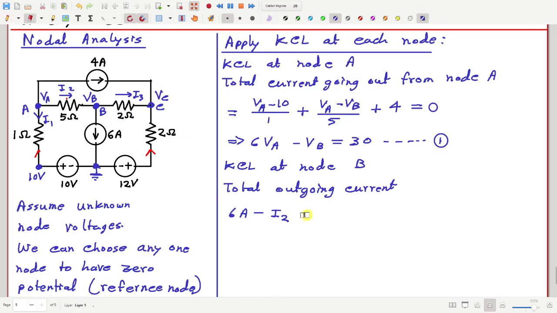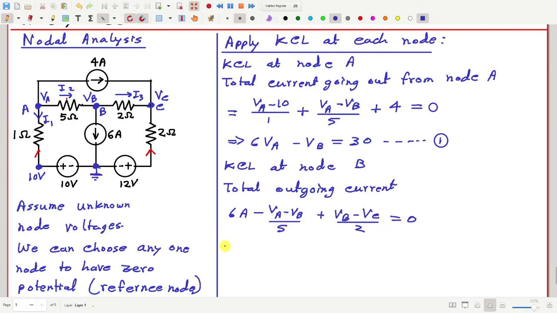I3 is VB minus VC by 2. This is also going out, and let me put the value of I2. I2 is VA minus VB by 5. So the total should be equal to 0.